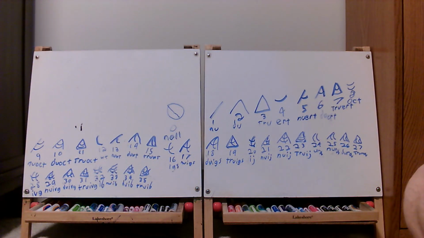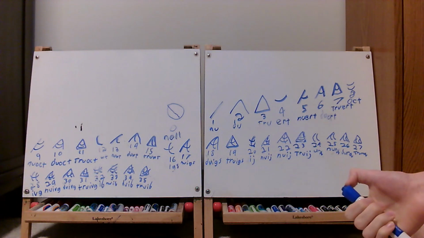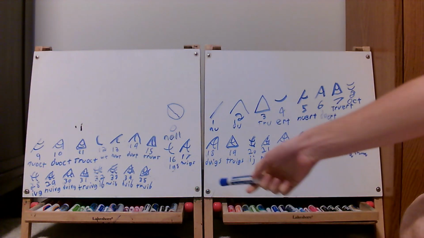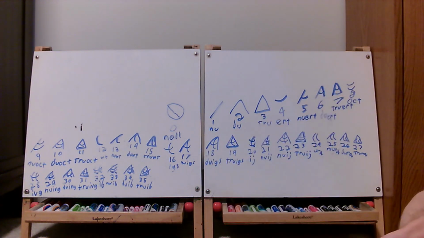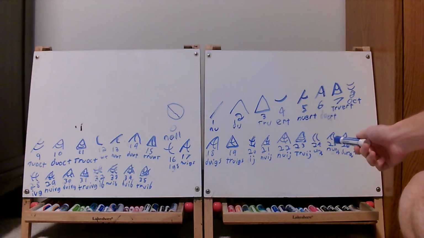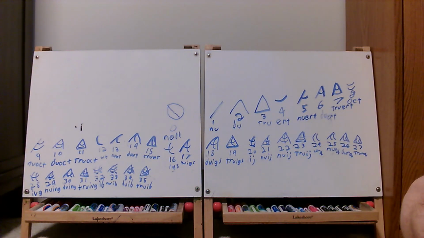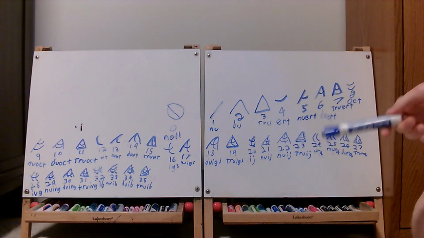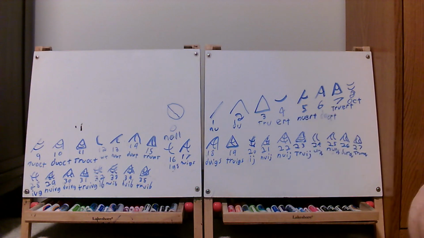But I'll still list off their names. So, I believe we left on Iggs. Well, no, we left on Idge. So, yeah, Idge is 20. So, 24 is Urk. Yeah, Urk. So we got Nurk, Dwerk, and Twerk.